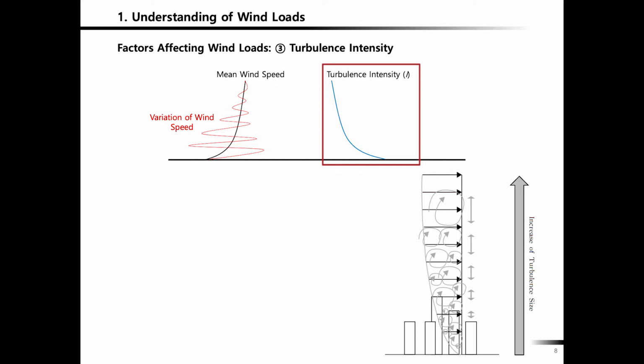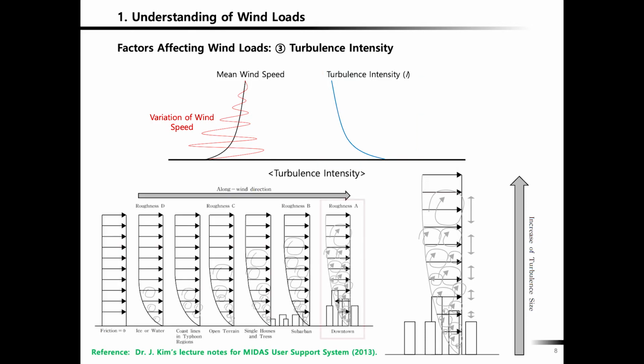And depending on the roughness, like a city location, the downtown location, you see that the turbulence intensity is getting larger. But for roughness C, which is in the open terrain, turbulence intensity is not that large.